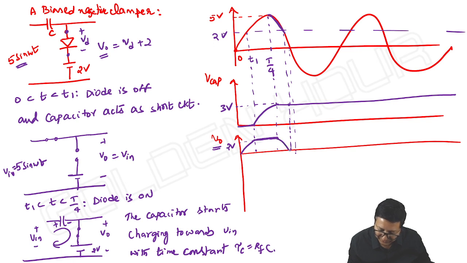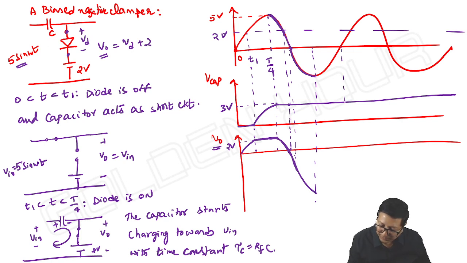So it is becoming 0. Further, from this point to this point, input is falling by 2, output also falls by 2. So here to here, input falls by 5, and the output also falls by 5. Next, here to here, input falls by another 5, and the output also falls by another 5.